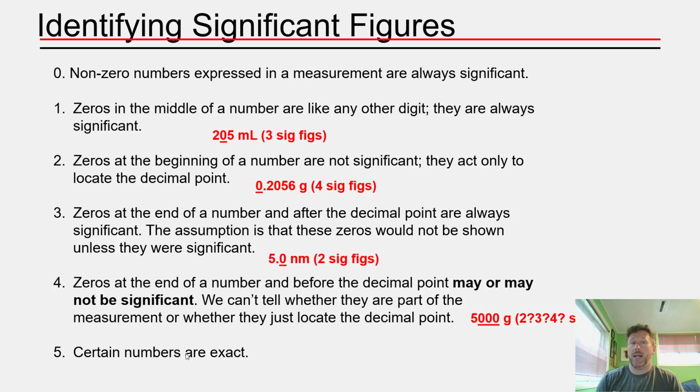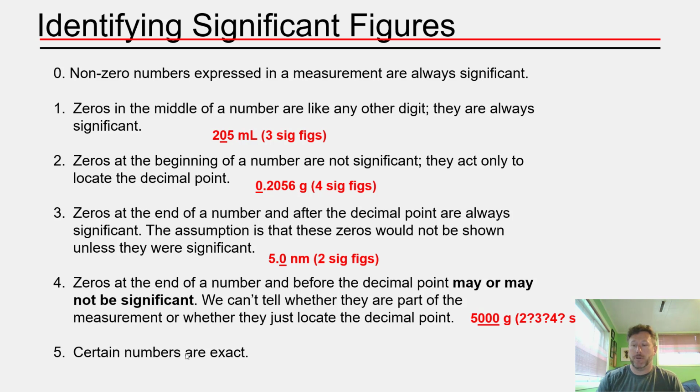Or if there's a number like, by definition, there are 365 days in a year. Not actually true because of leap years and conventions like that. But if we can say that there are 365 days in a year, or we can say there's 12 eggs in a dozen, those measurements have infinite numbers of sig figs because we could carry out zeros as far as we wanted past the decimal point.